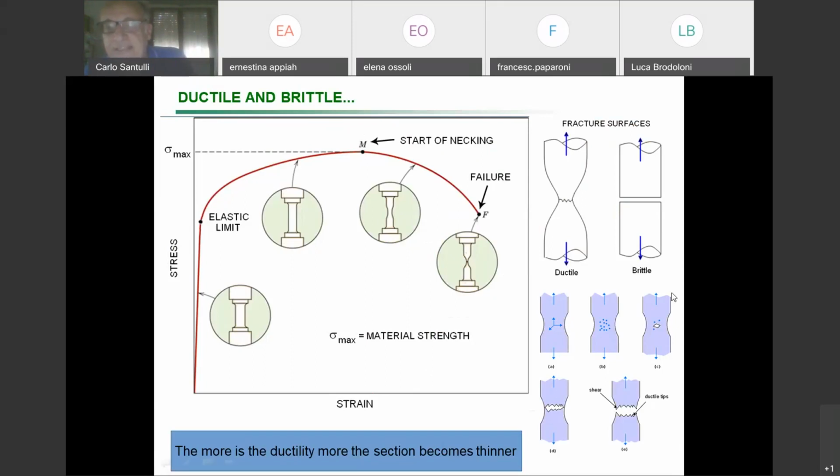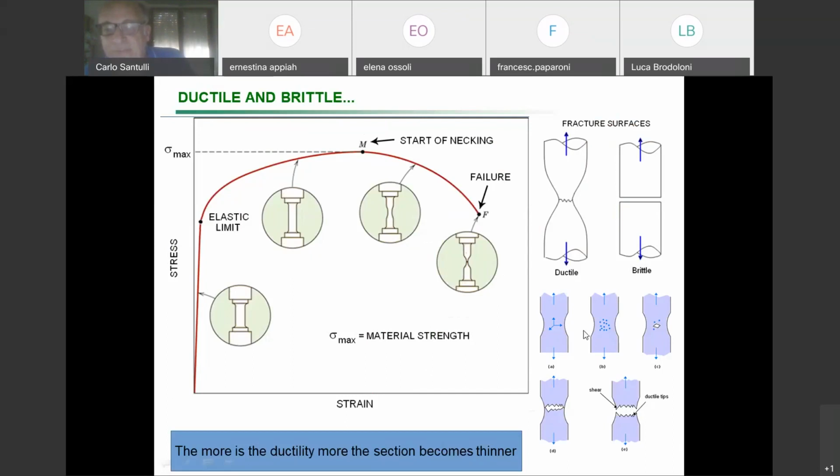As I was saying, the main point is that ductile fracture means that you have this kind of ductile tips. In the very end, you have some breakage by shear, and you have these tips, which are connected with ductile behavior.